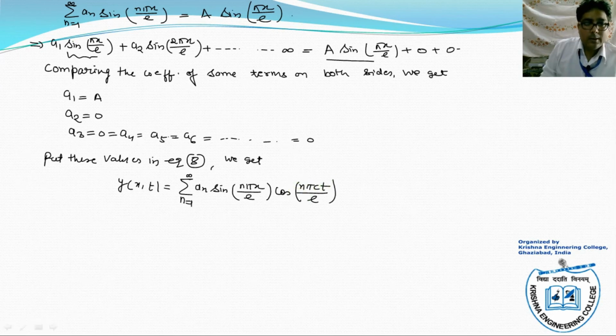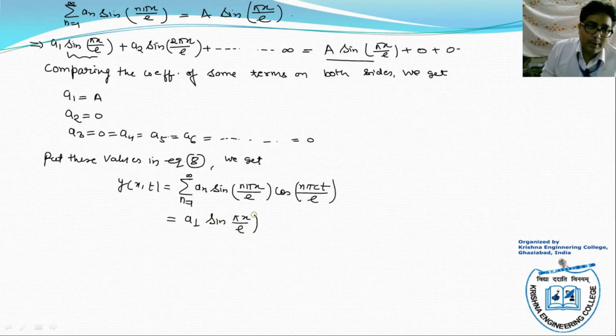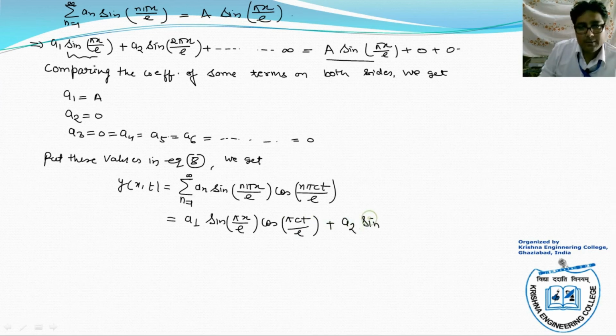Clear? So this is right: a1 means put n is equal to 1, this becomes sin(pi x by l) into cos(pi c t by l), plus a2 sin(2 pi x by l) into cos(2 pi c t by l), and so on.